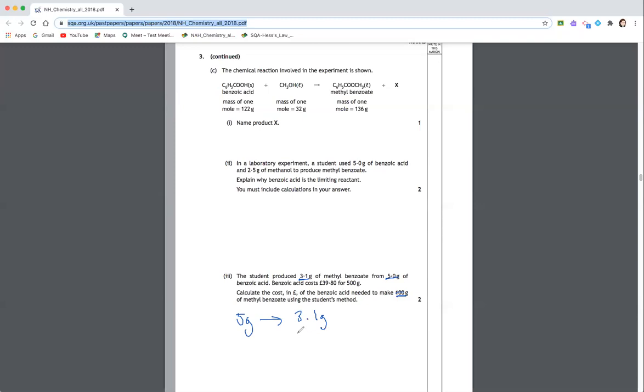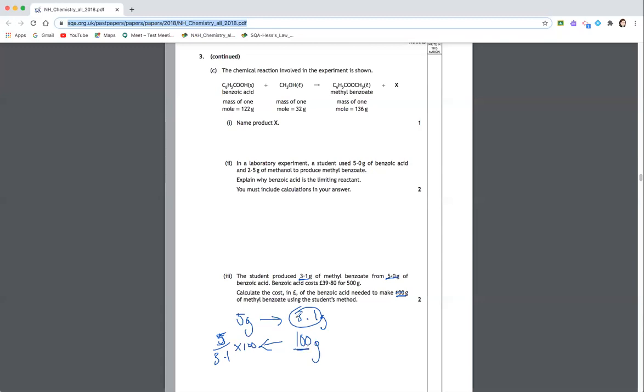So we're trying to make 100 grams of this methyl benzoate. So if we work back this way, we would have 5 divided by 3.1, because if we divide by the 3.1, that'll give us how much we would need for 1 gram, and then times by 100, which tells us how much we need for the 100 grams.